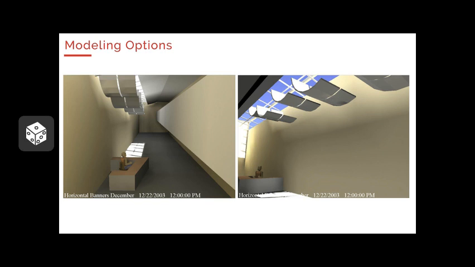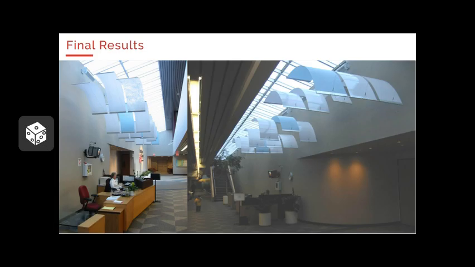Then we went into computer mode and actually modeled it to see where we were at these different times and what the critical one was. Here's the final design, and they love it because it's creative. It is a fun feature in the space, and very few people realize that it's all there for a purpose.